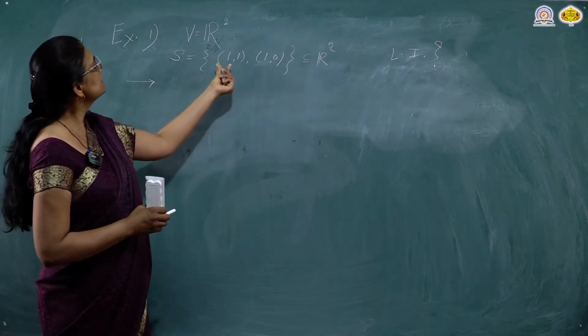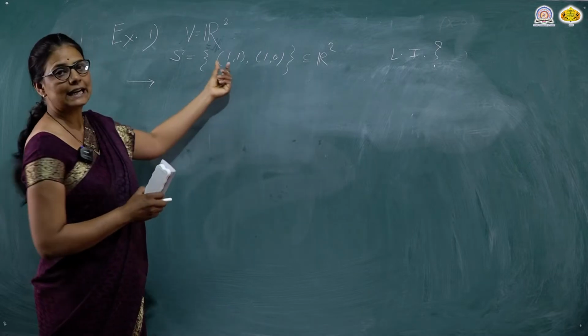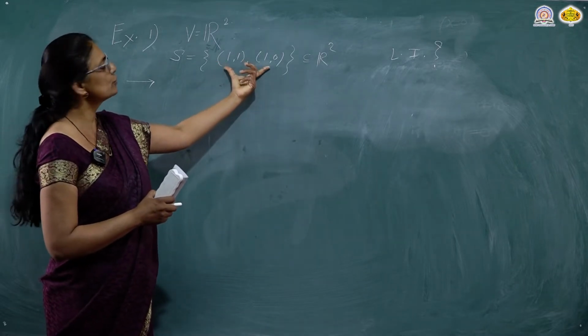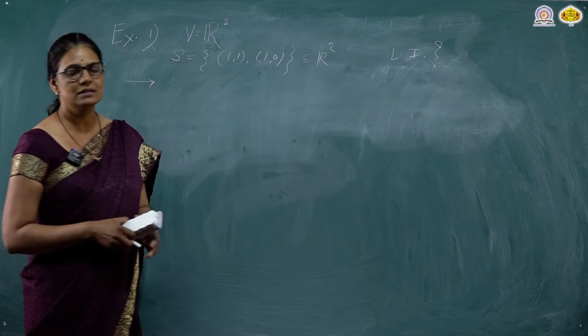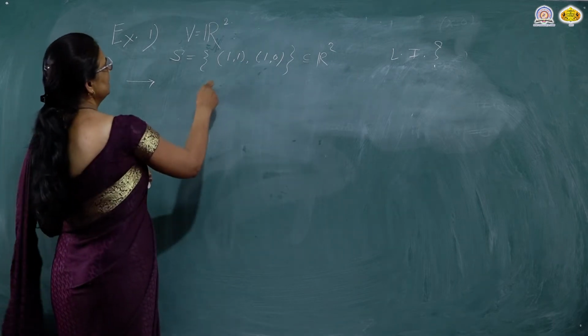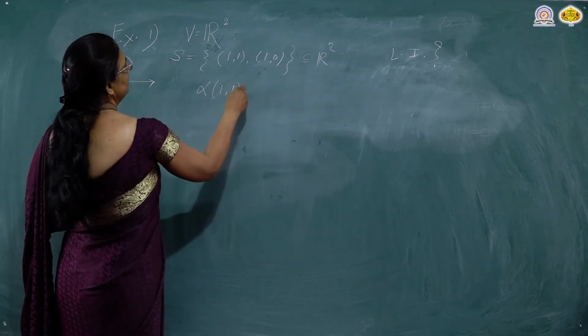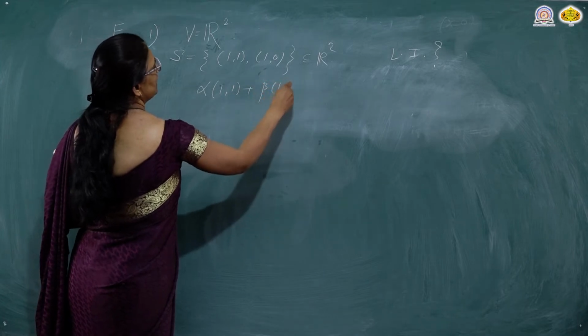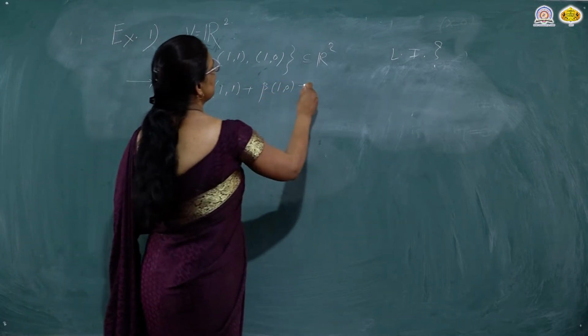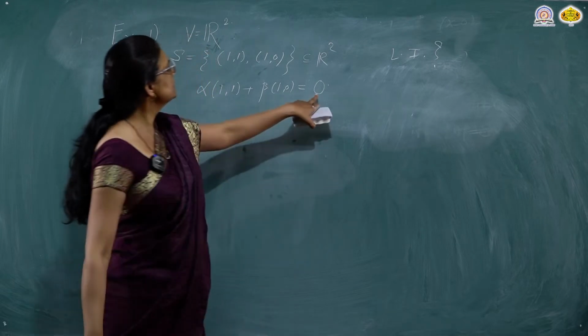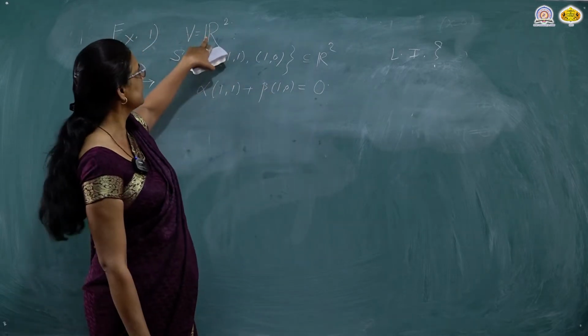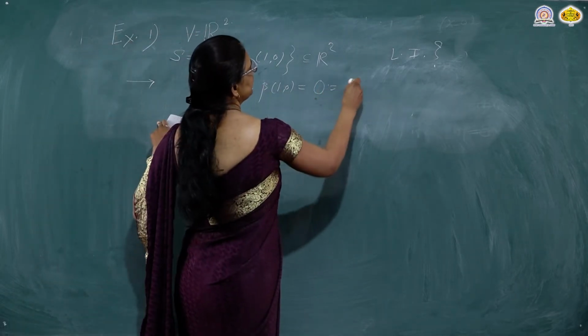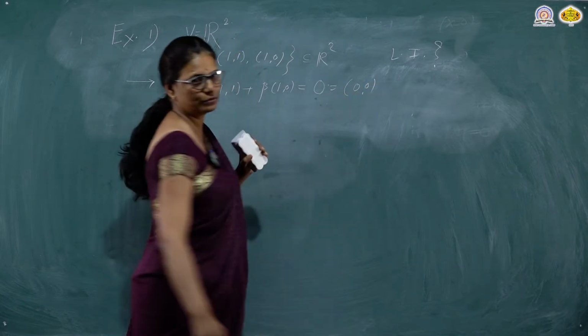We consider the equation whose left hand side is the linear combination of these two vectors and right hand side is 0. That is, alpha times (1, 1) plus beta times (1, 0) equals 0. This 0 indicates the 0 of the vector space, and the 0 of R2 is (0, 0).